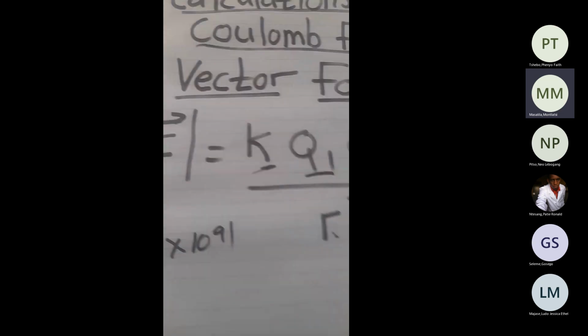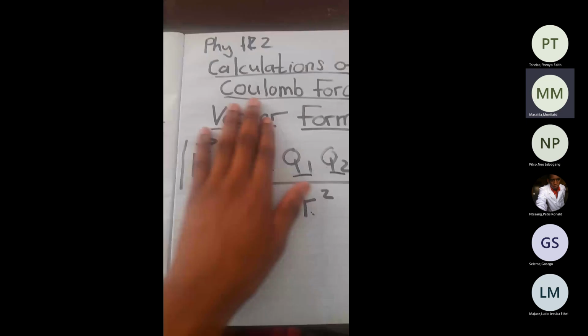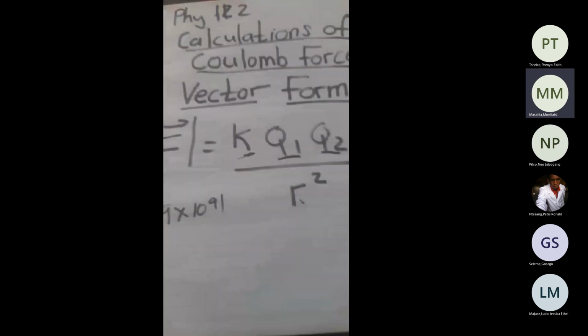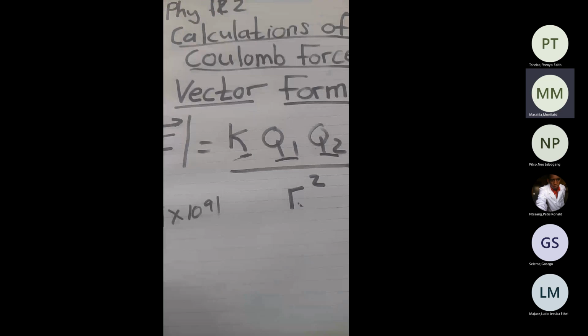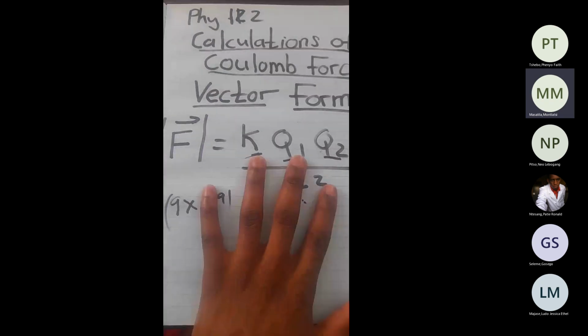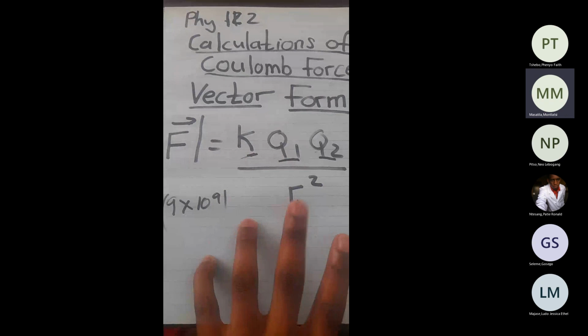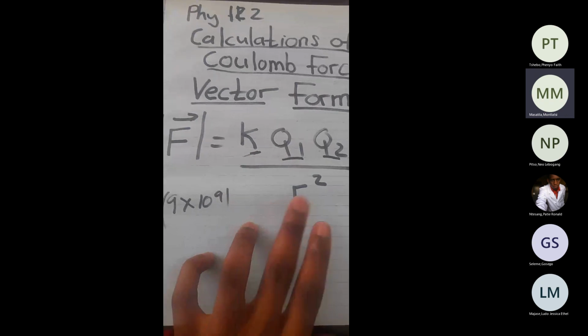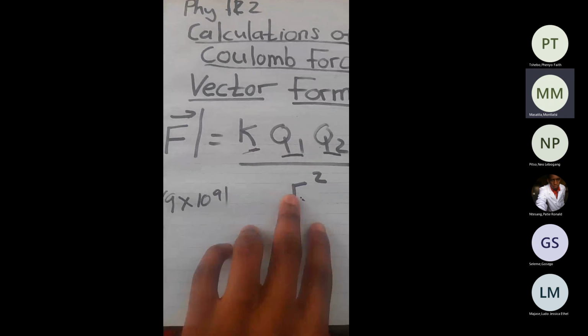As we said in our last lesson, in this formula, K is 9 times 10 to the power 9, these are the two charges, and this is the distance squared. This is the distance between the charges.